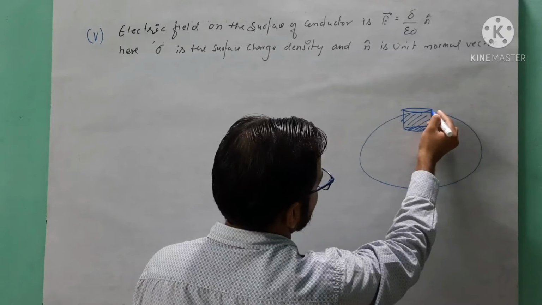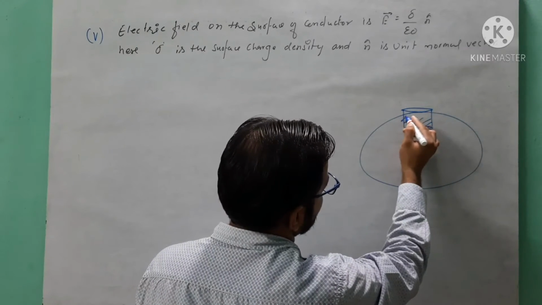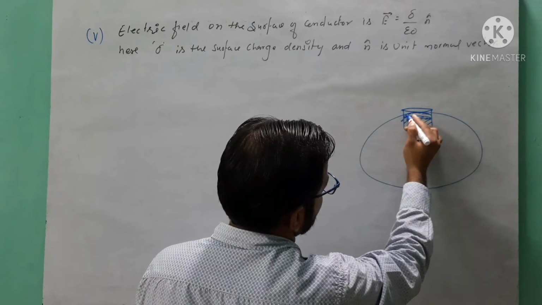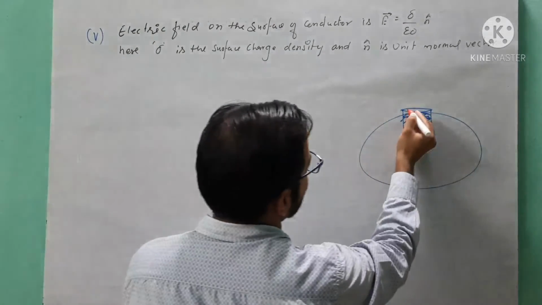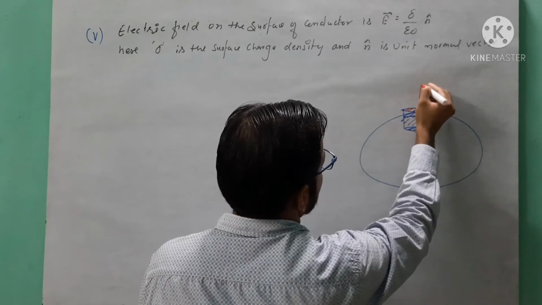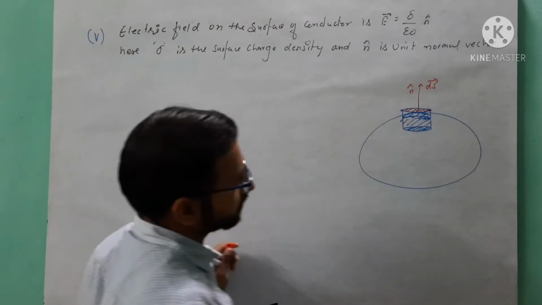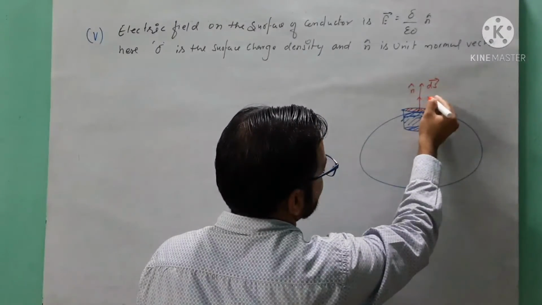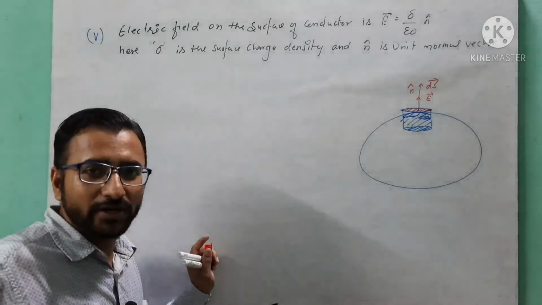So this is the inside part. Got it? You can draw it like this, and this is the surface part having area vector ds. We know that n cap is a normal vector, normally in the outward direction, in the direction of E. It is also perpendicular to the surface, which I have already explained.